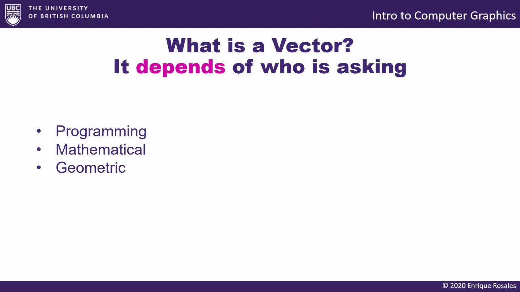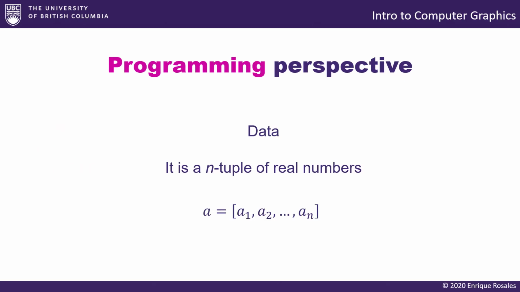So let's get rid a little bit, for a moment, of the word vector, okay? And let's jump into, in my opinion, the most basic interpretation, at least for us as computer scientists, that is the programming perspective, okay? So from the programming perspective, a vector is just data, okay? So it usually is just an n-tuple of real numbers. That's it. From the programming perspective, that's it.